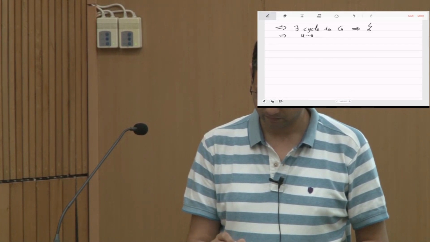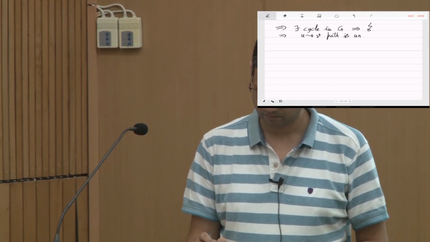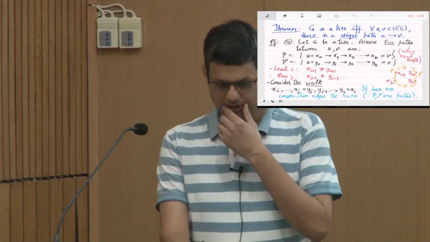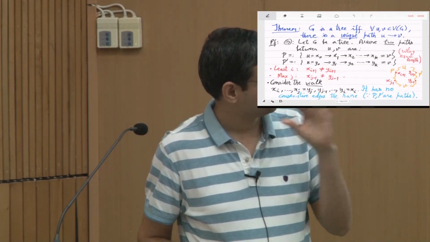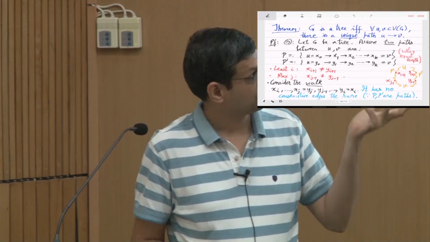There exists a cycle in G, which means that the contradiction means that there cannot be P and P prime, there is only P. Okay, so this gives you from tree you get a unique path for all pairs of vertices. Now the converse.